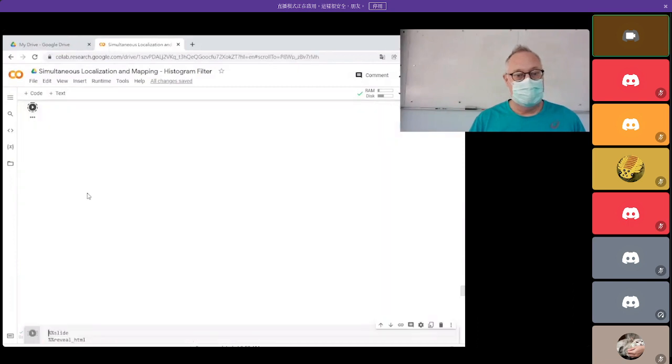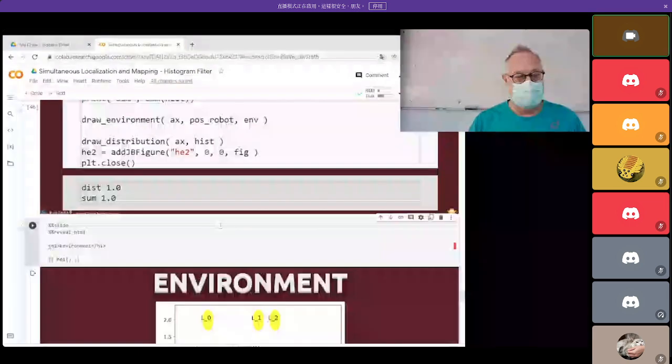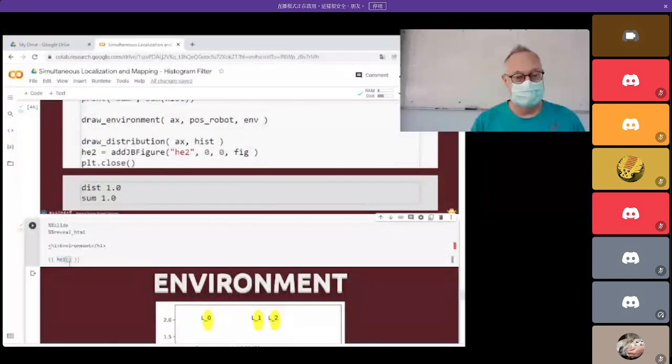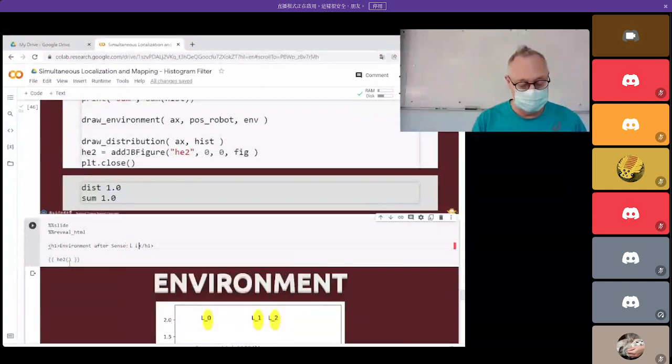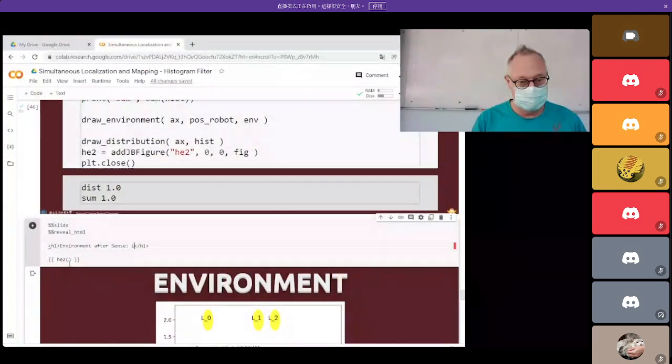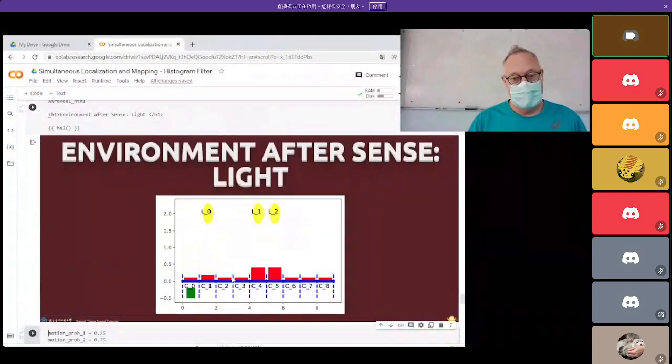Okay, so now we want to draw our new histogram distribution. So this is what we get after we sense lighting.